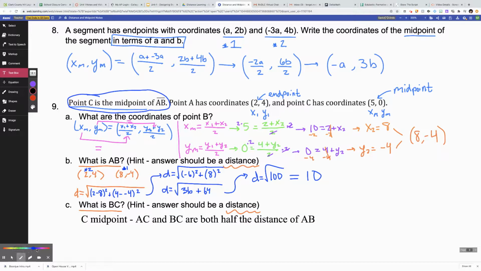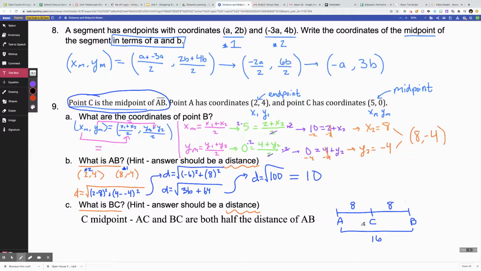And I'm hoping you guys kind of remember that from last week, when you're dealing with segment addition, right? If you have AB as your line, and C is the midpoint, if you know the whole thing is 16, for example, then each of these parts would have to be 8, right?